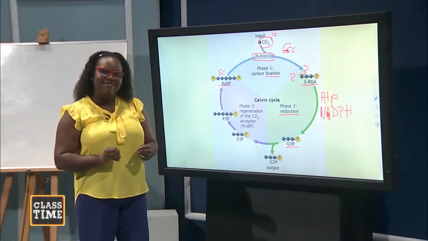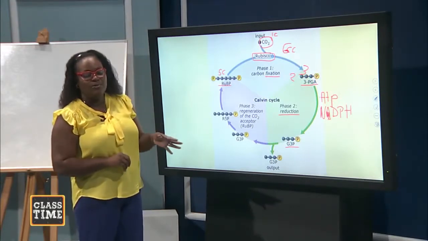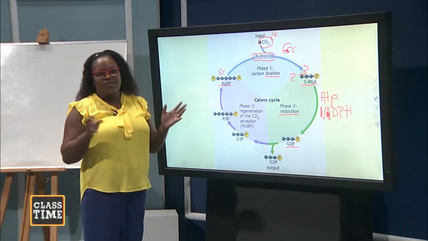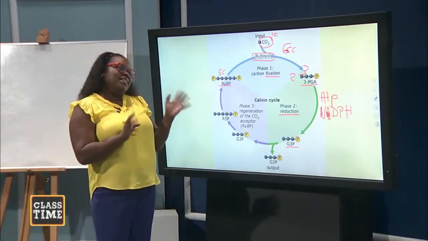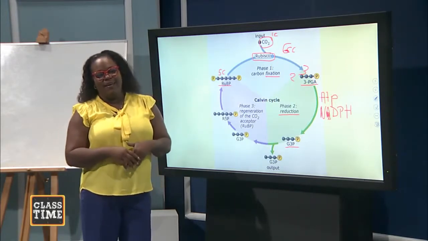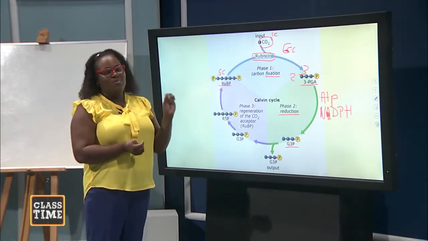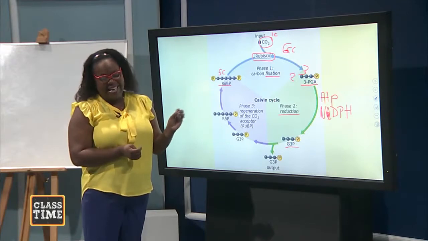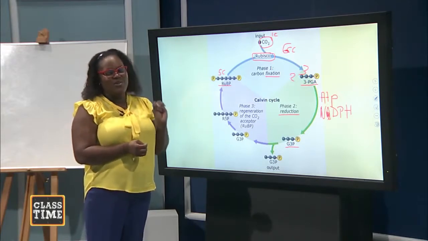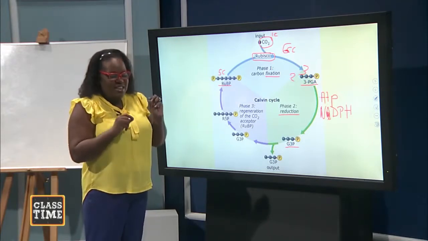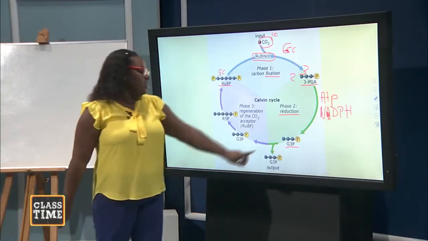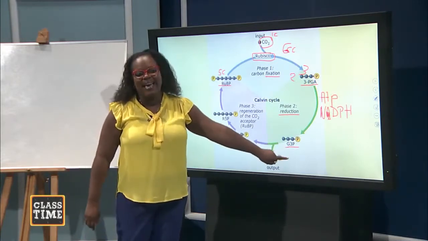I know in grade 10, probably even in primary school, you came across photosynthesis as a process by which plants use carbon dioxide and water to make glucose. Yeah, we know that. But initially what's made is phosphoglyceraldehyde.